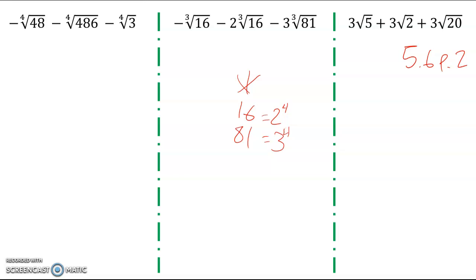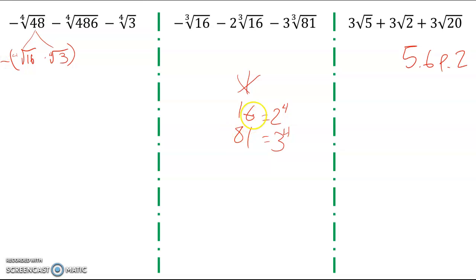When we're breaking these down, we want to split them up as the fourth root times the fourth root, and we want one of these fourth roots to be one of these numbers over here. And it just so happens that if you break down 48, we get the fourth root of 16 times the fourth root of 3, and we still have that negative out front.